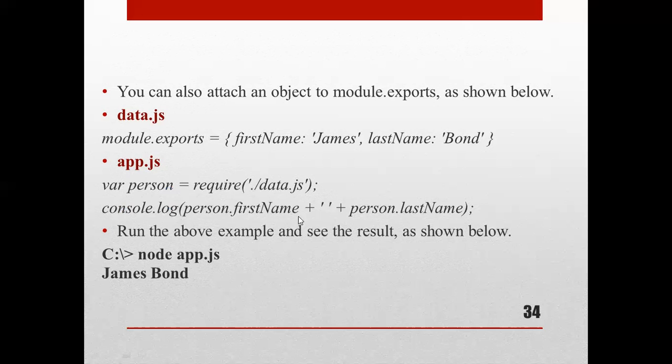The data module includes first name and last name here. Now this will act as an object, so it will print James Bond. Here we are attaching an object to module.exports.